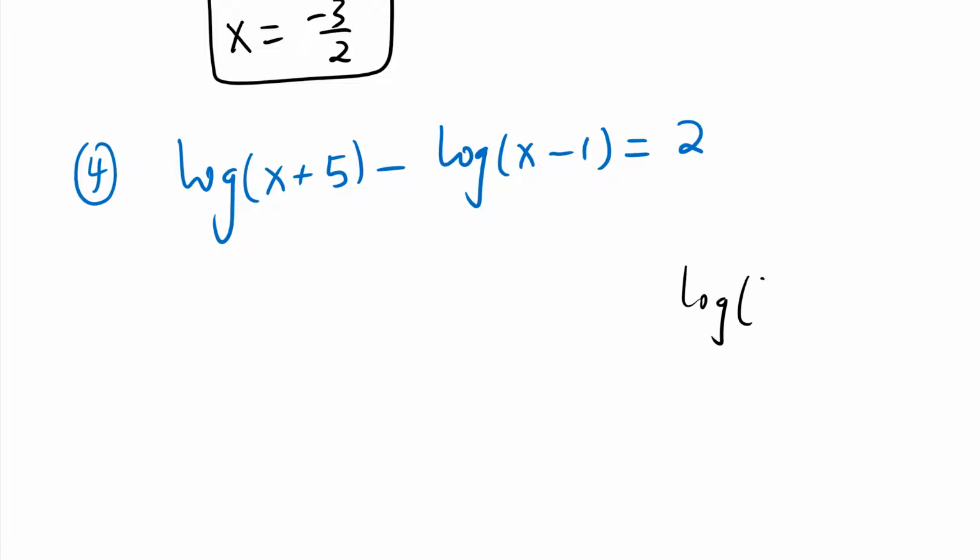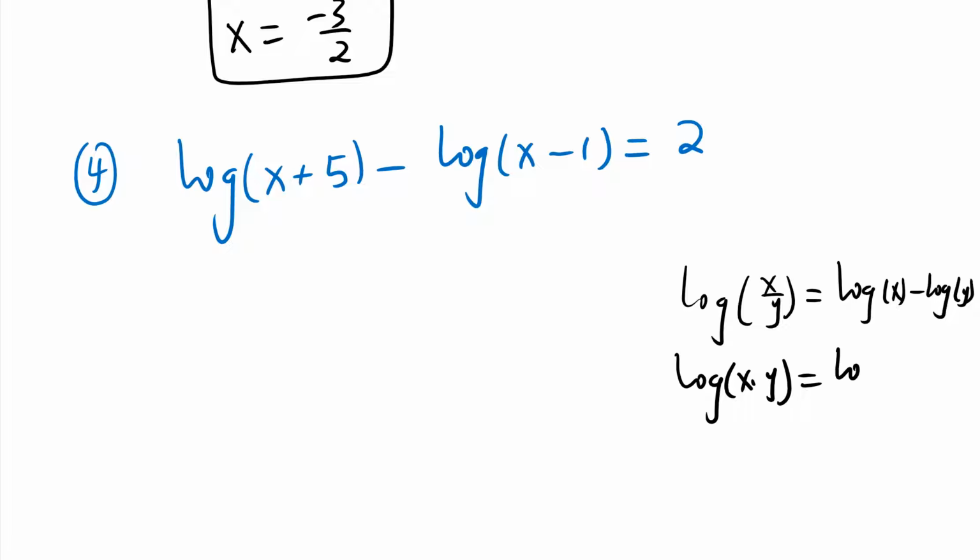It says log of x over y is log x minus log y. Log of x times y is log x plus log y. Log of x to the m is m log x.